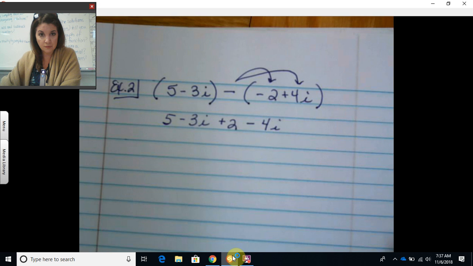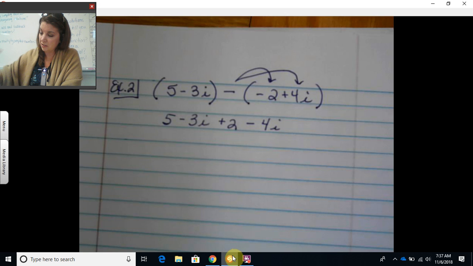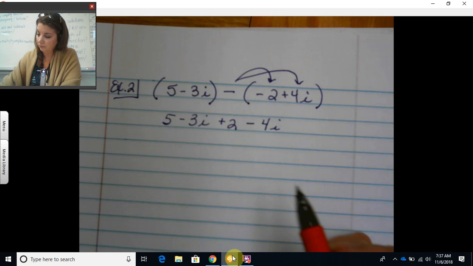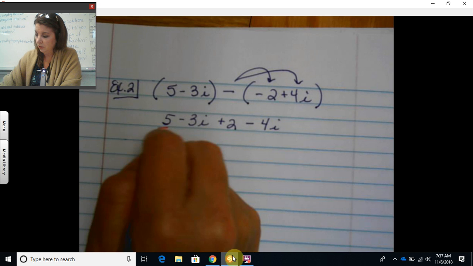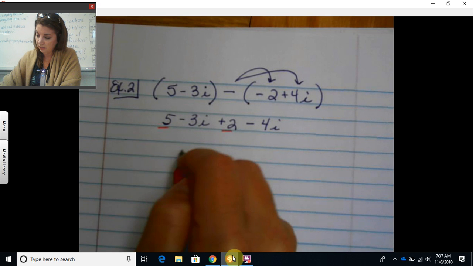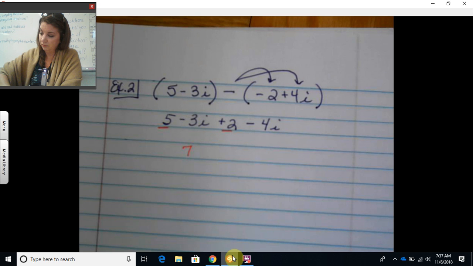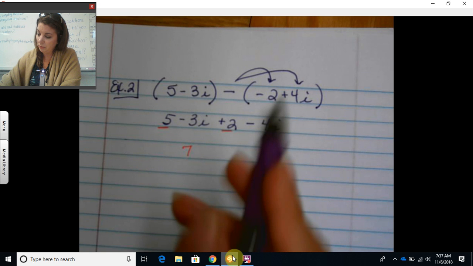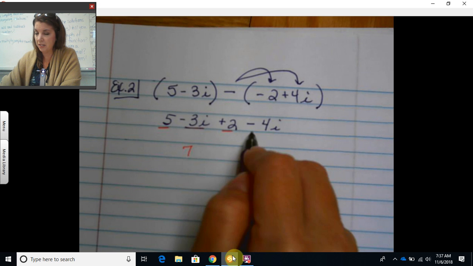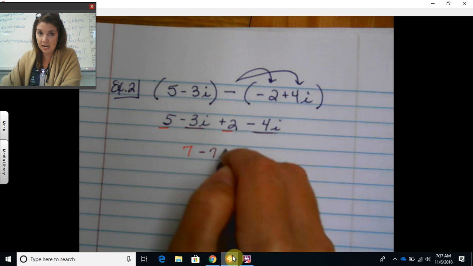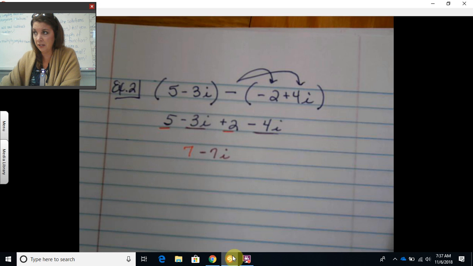So my real parts, what are my real parts? 5 and 2. So 5 plus 2 is 7. My imaginary parts, negative 3i minus 4i gives me negative 7i. Can I combine those? No, you cannot combine a real number and an imaginary number together. You have to write them separately.